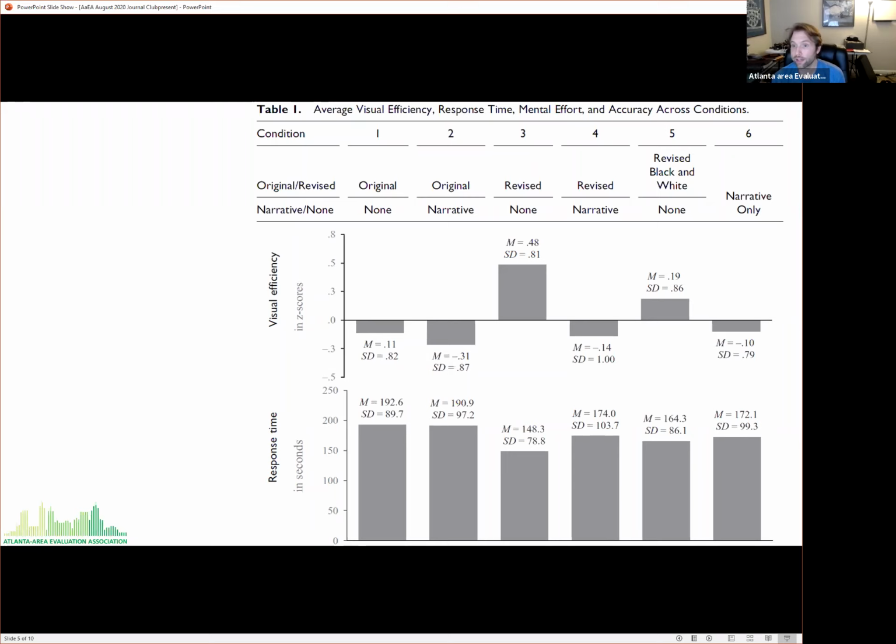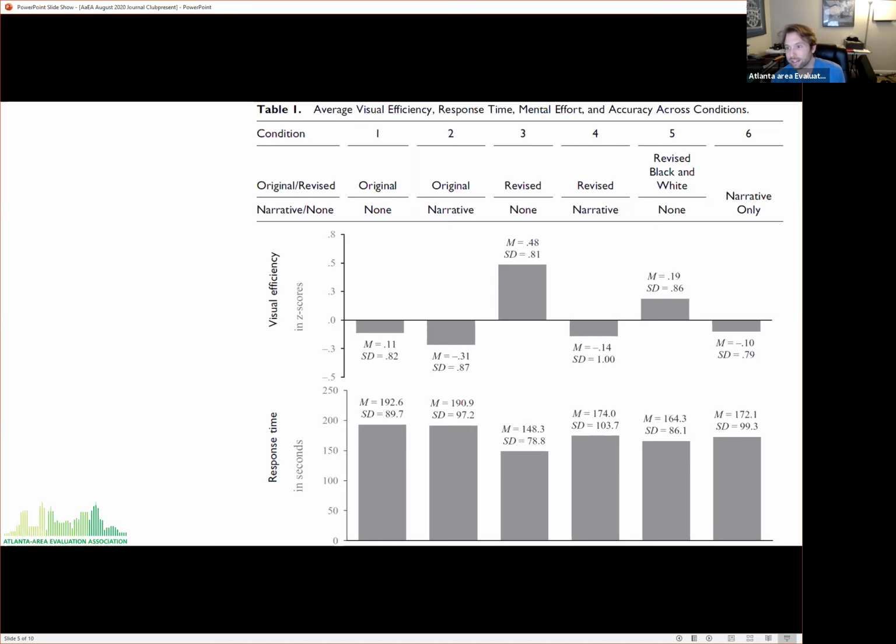And so was the revised black and white. And that's the one I didn't show you because I didn't see it in their supplements, but one could imagine, right? It's the revised version just in black and white. But it does look like the color does help with this sort of ability to both remember it and decrease the cognitive cost on it.